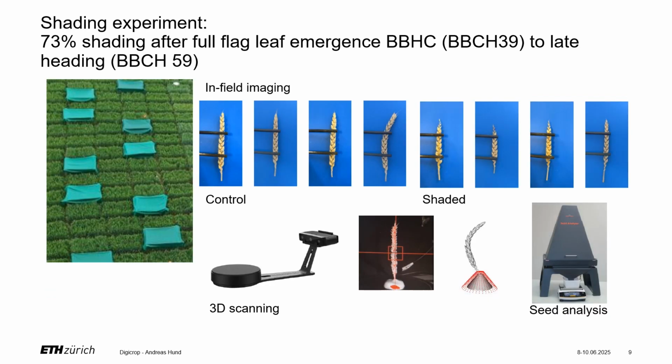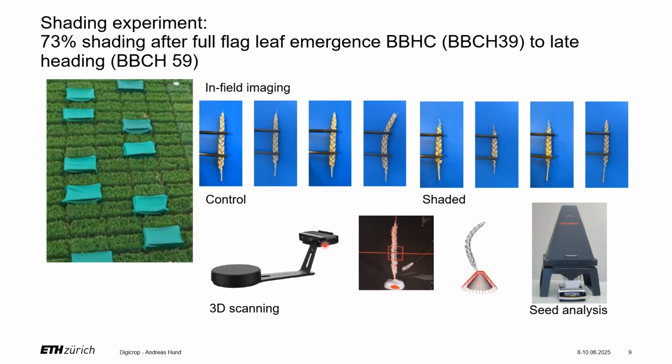And Jonas was doing a shading treatment, and I'm coming to this treatment in detail later, which took away sunlight. That means there was less photosynthesis for the growing spike in a phase where the spike was intensively growing, and you can see even visually that the shaded ones became smaller. I come to all this later.